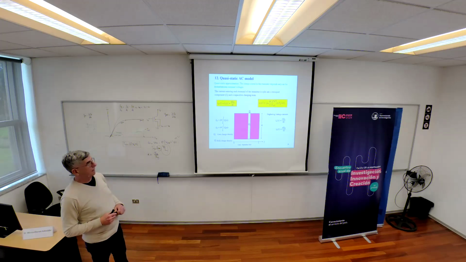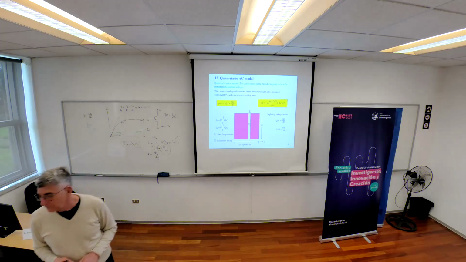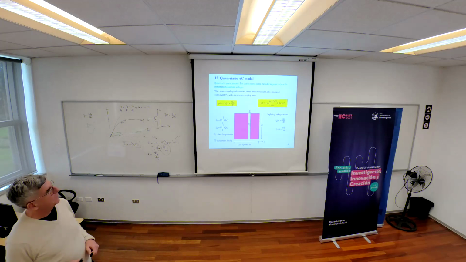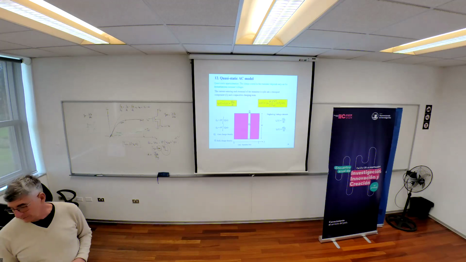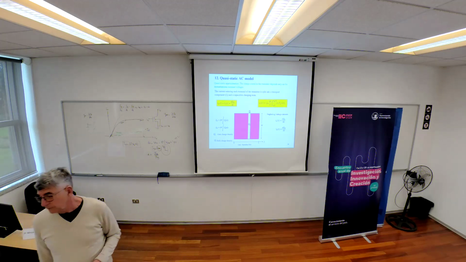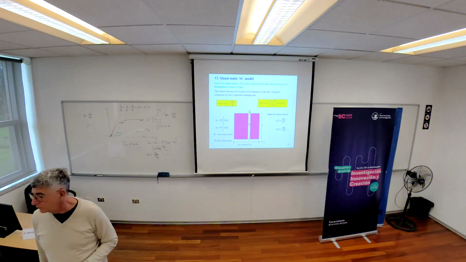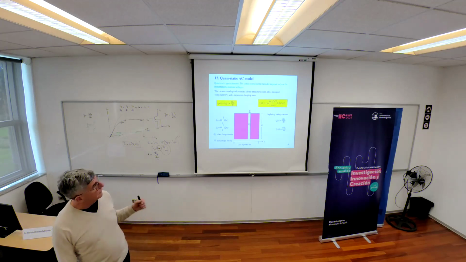Okay. Let's talk about capacitors now. There was a big problem with capacitors in the 1970s, 1980s, and finally, some professors and students found the solution to the problem. The problem was as follows.